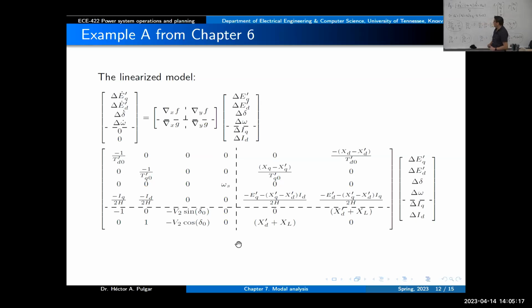Okay. So what we did in the board is actually the first row of this matrix, and we should have the same thing. This is the first term, and everything else is 0 except for the last term, which is what we got on the board. And then we also did, as an example, the last row of the Jacobian. So the first term is 0, the second is 1, the third one is the derivative with respect to the angle, with delta evaluated at the equilibrium point.